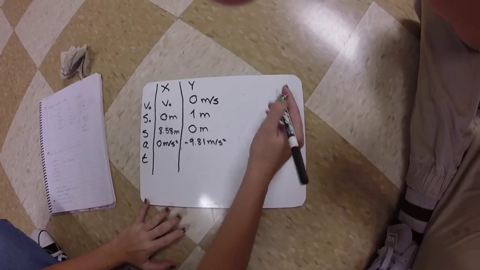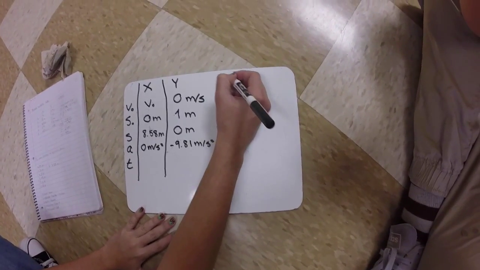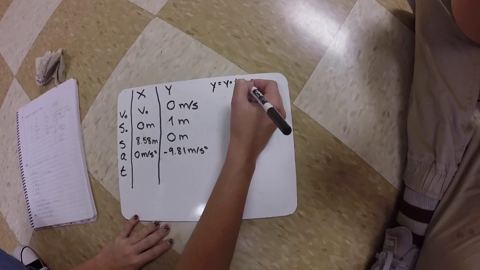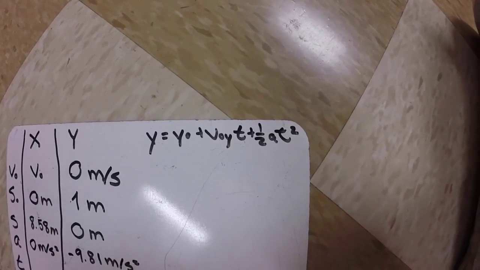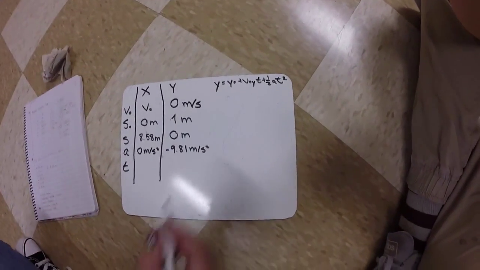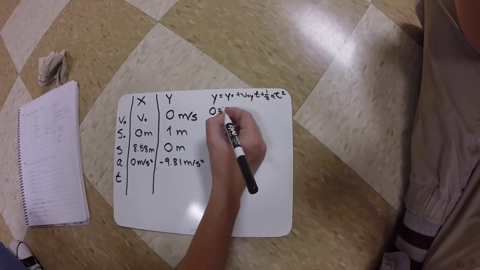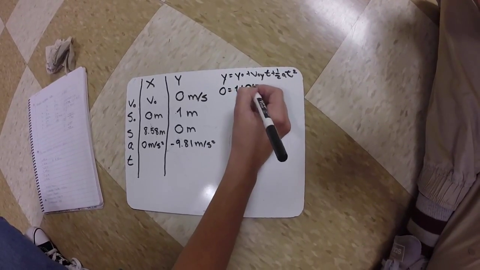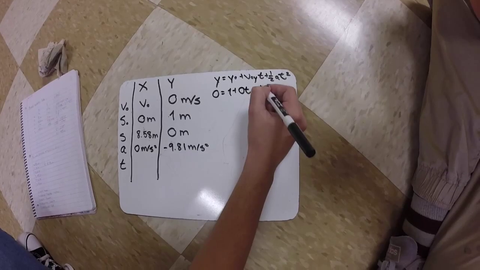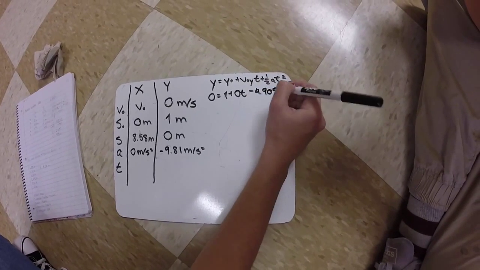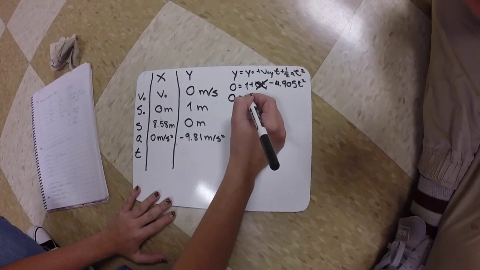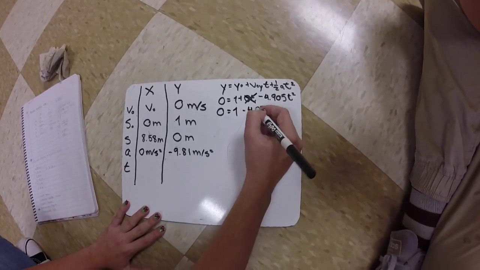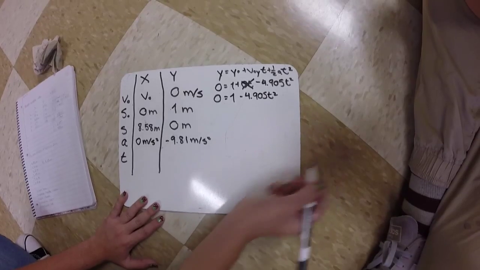So we start with the equation y equals y naught plus v naught y t plus 1/2 a t squared. And we plug in our known values, which gives us 0 equals 1 plus 0t minus 4.905 t squared. So you have 0 equals 1 minus 4.905 t squared.